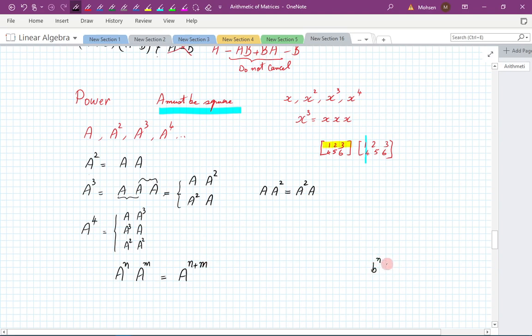They probably write it in your Algebra 1 book that if you have the same base, different powers, you add up the powers. Same thing applicable here, at least for all positive integers. Okay, that is a little bit about powers. So for powers, we do have commutativity, and we do have this rule that's identical to the rules from Algebra 1, Algebra 2, and so on.